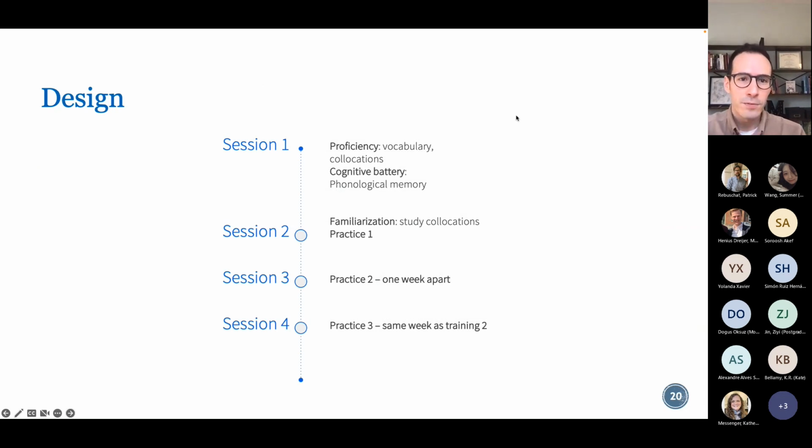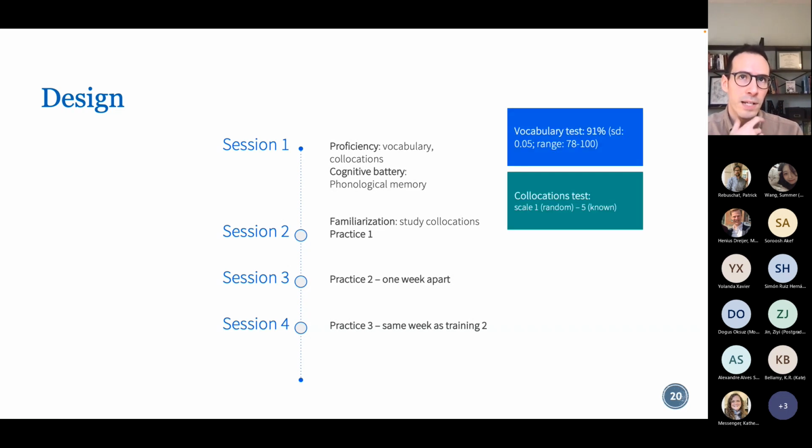And so they first completed a first session where these tasks were administered, and we also were particularly interested in making sure that this was not about learning new words, that they would actually know the individual words, but it was the new associations between them that they would be learning.